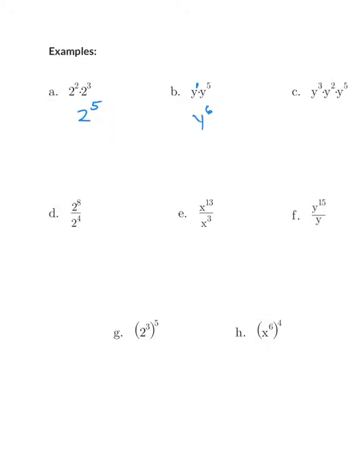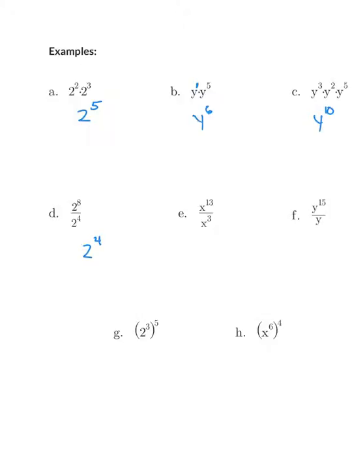For example C, we have y cubed, y squared, and y to the 5th. So we have 3 y's, 2 y's, and 5 y's all being multiplied together. If we add our exponents, we have y to the 10th. And there is your product rule. Okay, let's look at our quotient rule. For example D, if you have 8 2's on top and 4 2's on bottom, you can cancel out 4 of them. So how many are left?